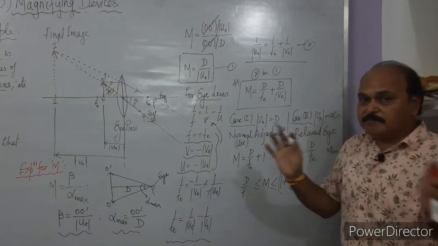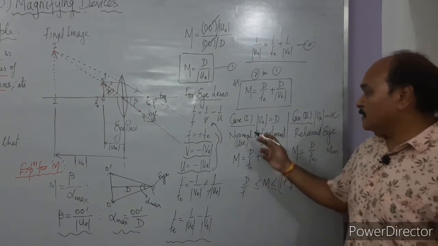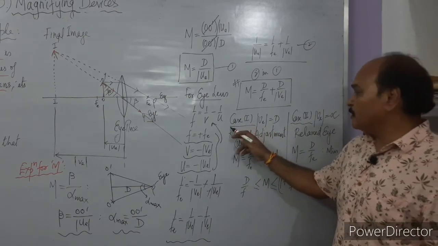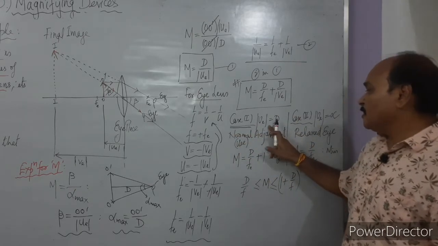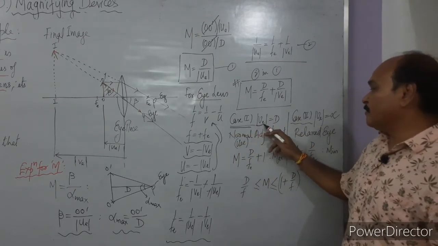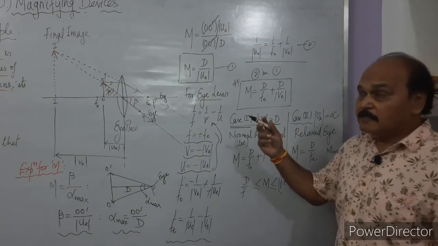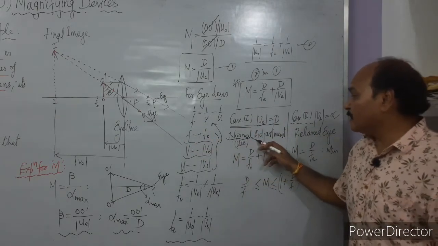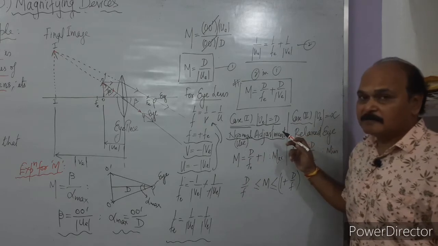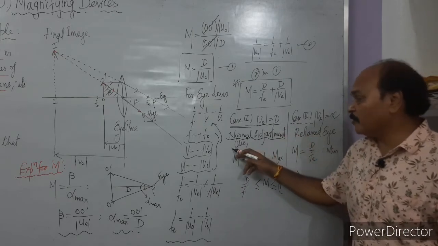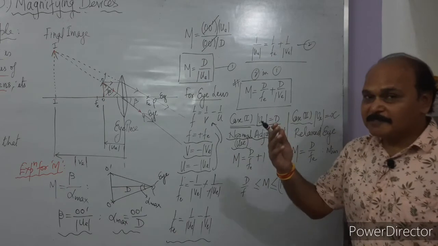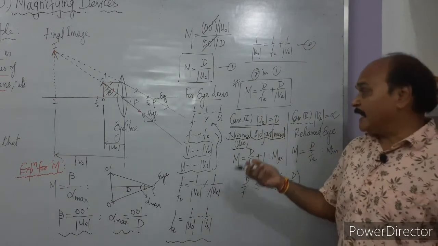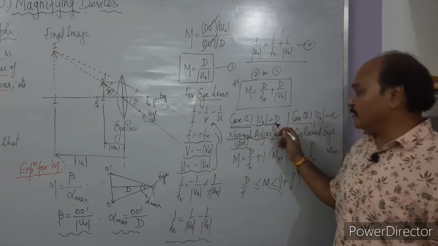Children, there are two extreme situations. Situation number 1, case 1: when the final image is seen closest to the eye, the microscope is said to be in normal adjustment. So in normal adjustment or in normal use, the final image is seen closest to the eye, that is at least distance for distinct vision.